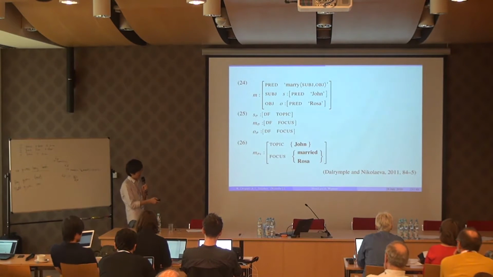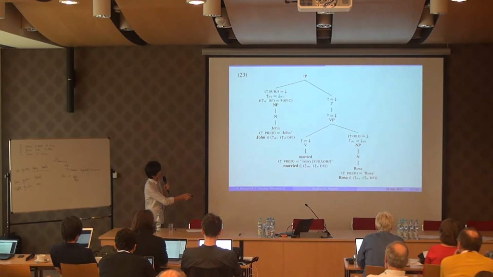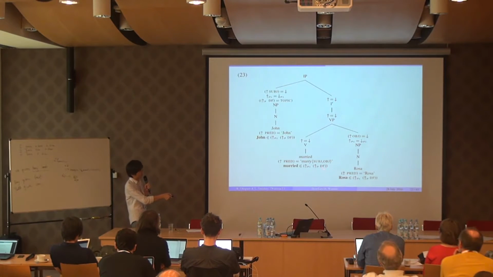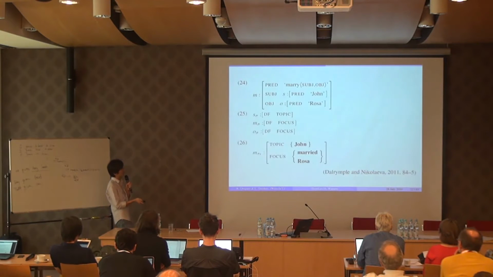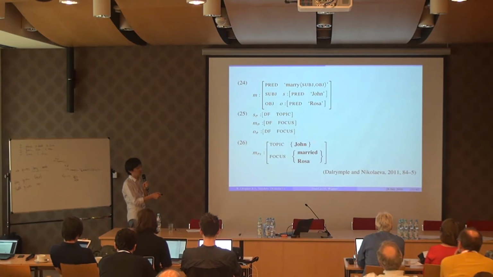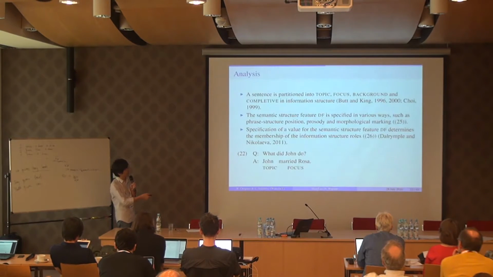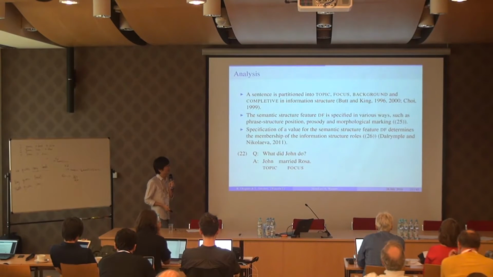So by this equation, married is a member of focus in the information structure, and so forth. We get an information structure like 26. So the topic has a single member, John, and the focus has two members, married and Rosa. So that's the representation of topic and focus, and it matches the topic-focus structure as we looked at in the initial example.